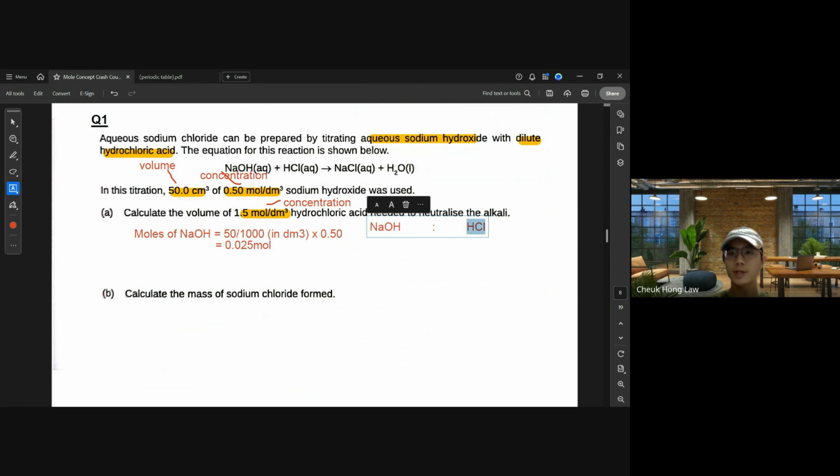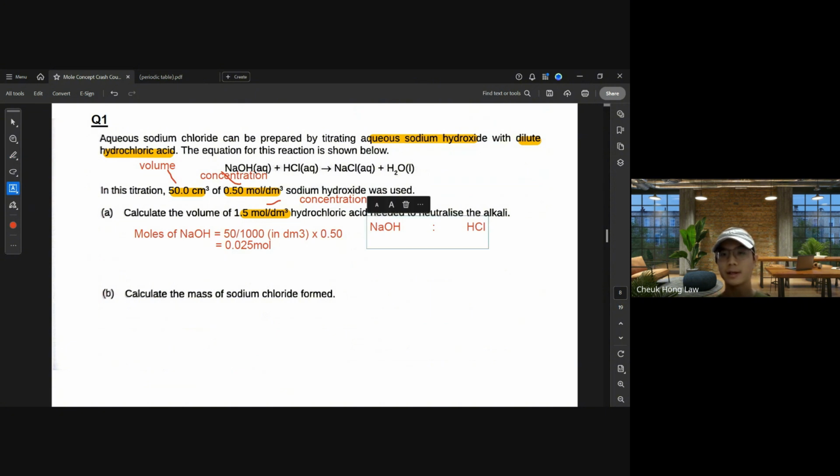Then why did I choose HCl, hydrochloric acid, to compare? Because that's what the question wants. The question asks, calculate the volume of 1.5 mol/dm³ hydrochloric acid needed to neutralize the alkali. Since they want me to find hydrochloric acid, I compare with hydrochloric acid.